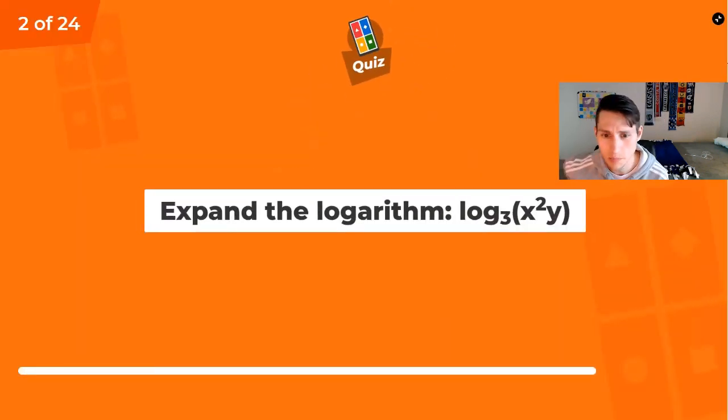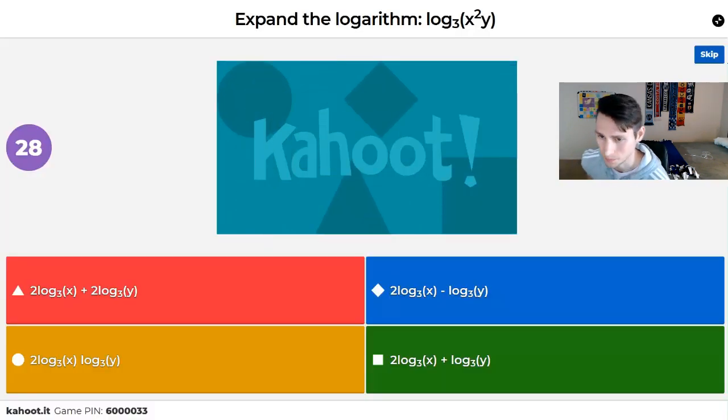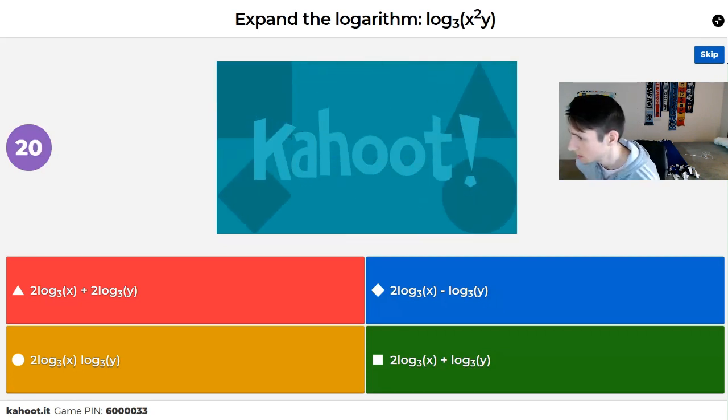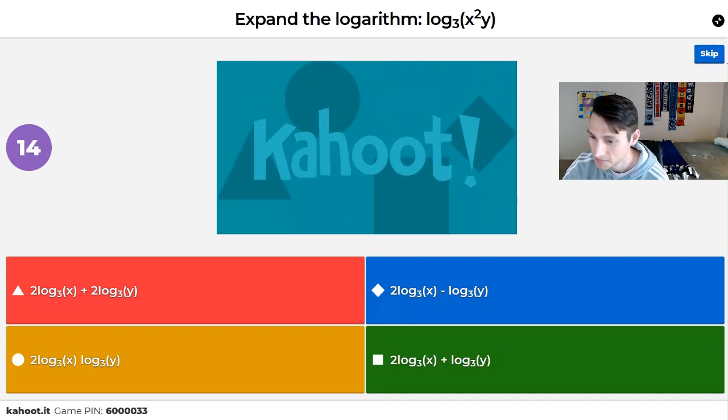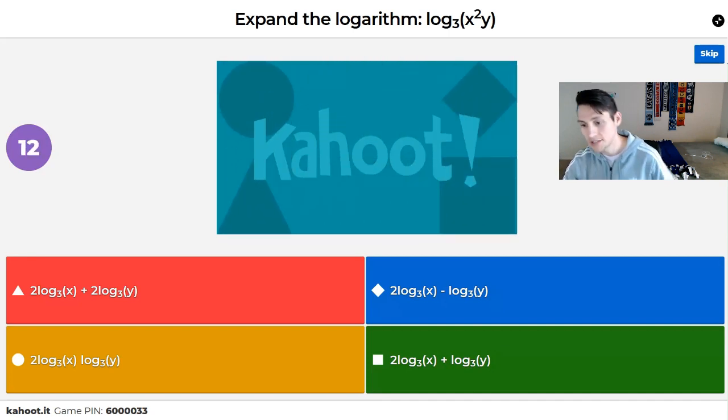Question 2, expand the logarithm. So using our exponent properties, expand the logarithm as much as you can. Guys, this is hard. Imagine.